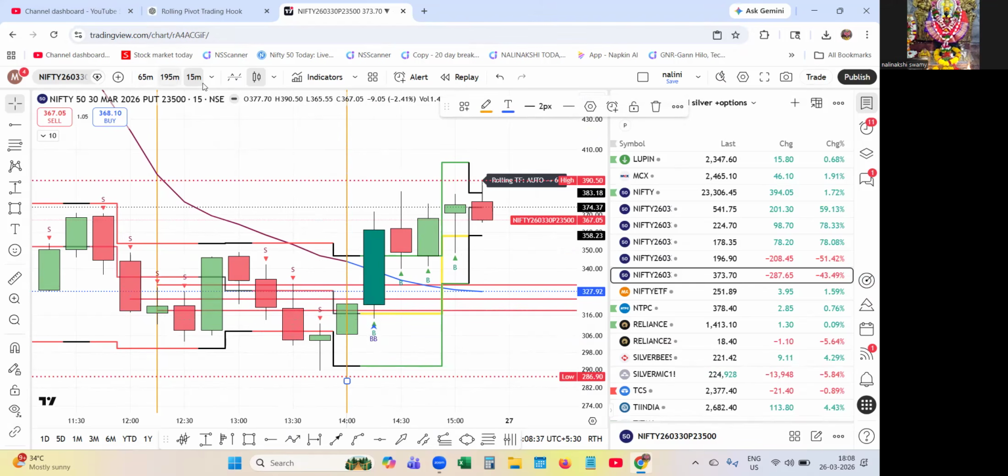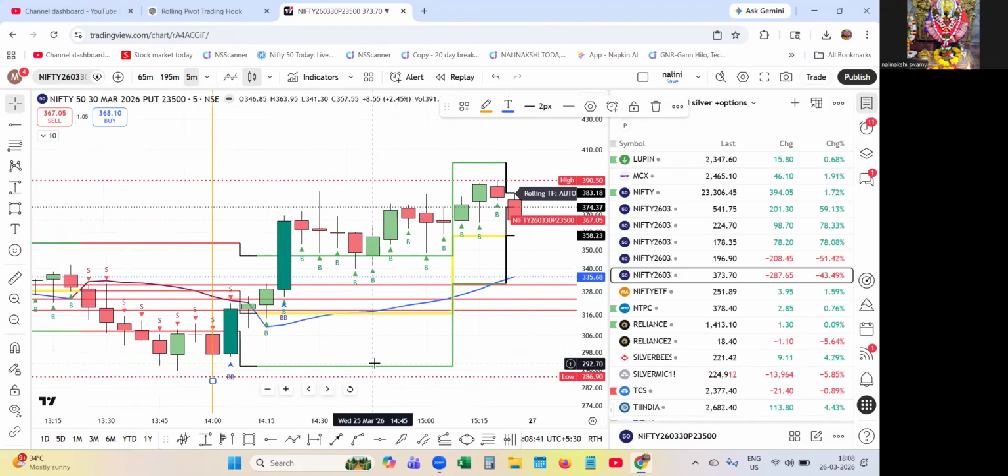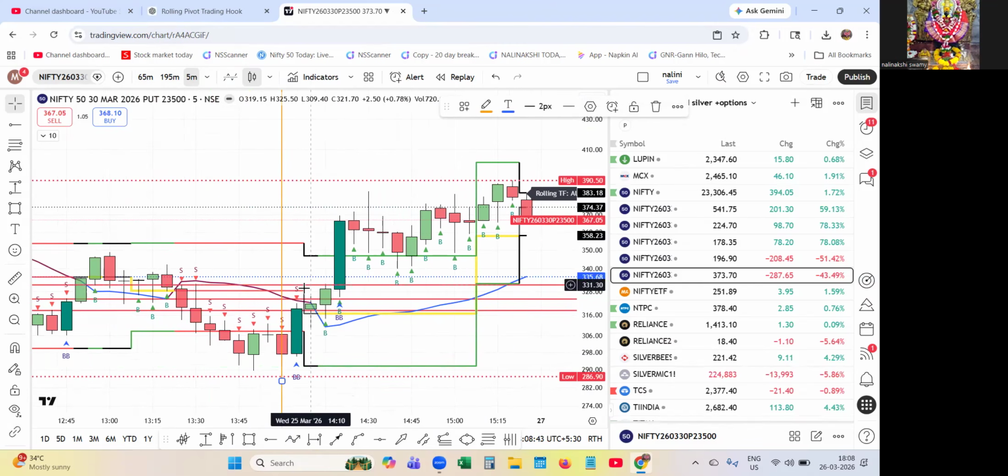Let us go to 5 minutes and check where precisely we could have entered here. We could have entered over here, even the trend flip, and so this is your level at the support itself. At the support of this line, you are entering into it, or you can enter when this candle crosses the.